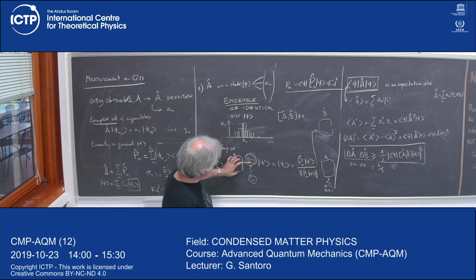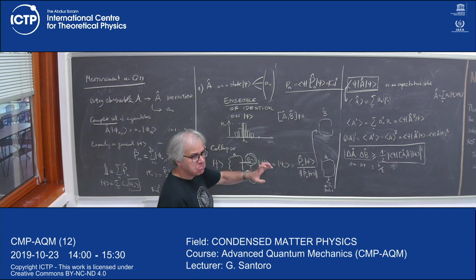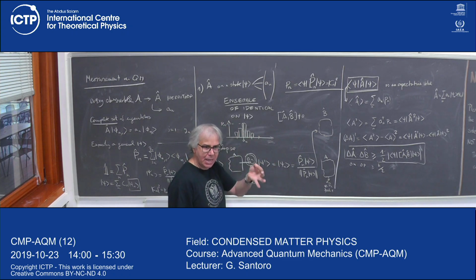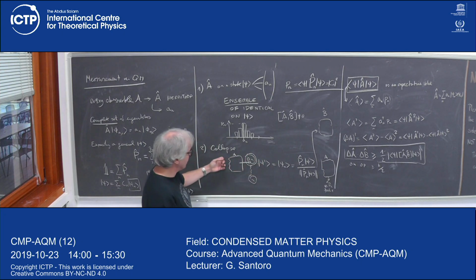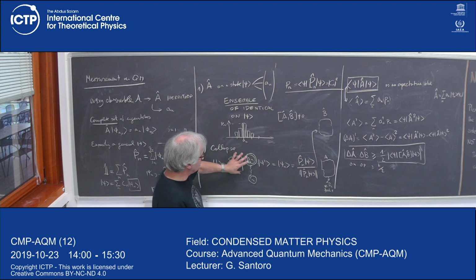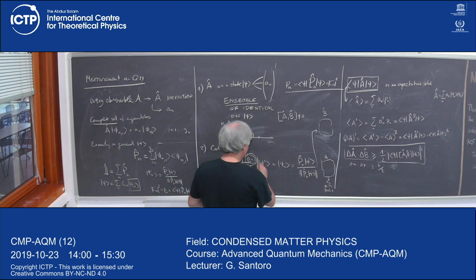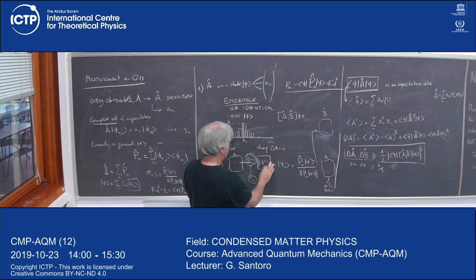I measure A and I get an an. That state is a precise an. If I keep measuring A, I will have a state of a very definite sharp A, no deltas, okay? So in some sense, after I have measured an, this state here has a very sharp value, so the variance is 0. Okay?